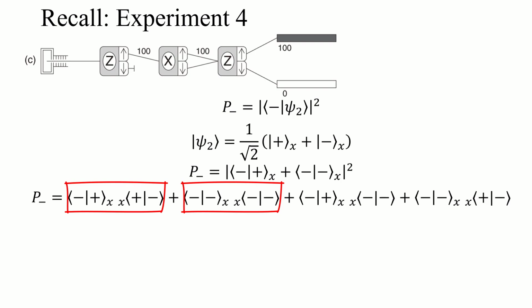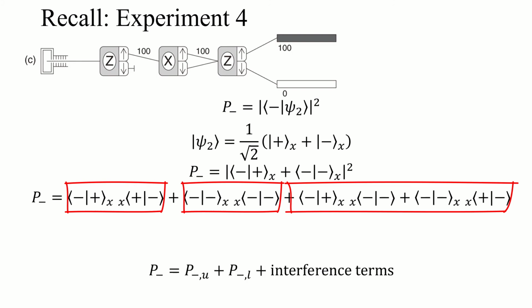And then we have this third term, all the cross terms over here on the right that result from squaring these two things. And if we look at what those actual terms are, that first term is just the probability on the upper path.